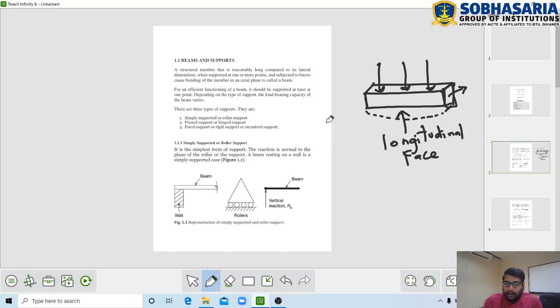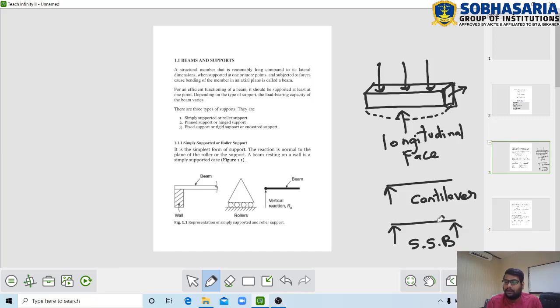So, a beam, when it is supported at one end, we call it a cantilever beam. When it is simply supported, or we can say it is resting on two supports, we can say it is a simply supported beam.